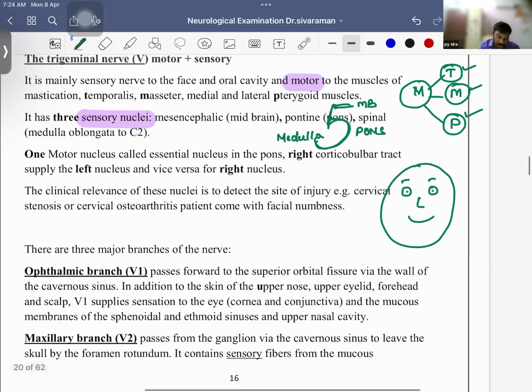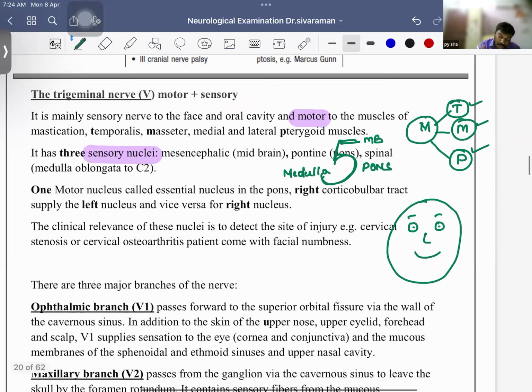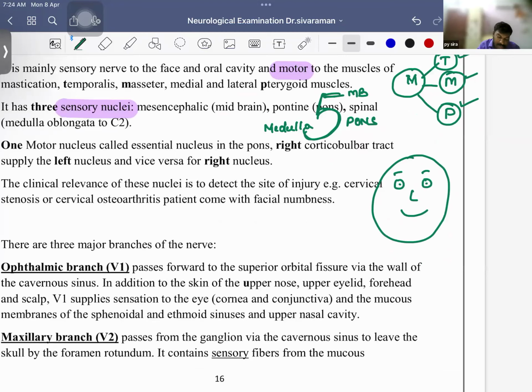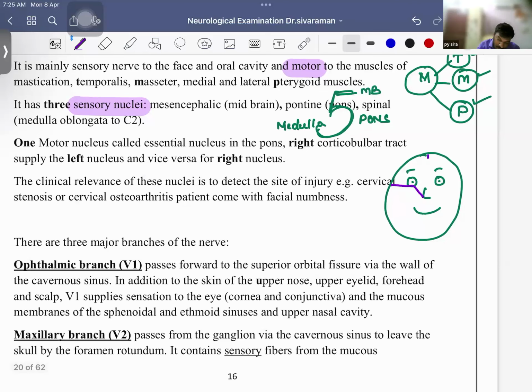Whenever you take the motor nucleus, it supplies the face, and in the face it is going to supply like this, starting from the upper part of the nose and going to the eyelid. It supplies the whole upper part of the face, which is called V1 or the 5-1 division.